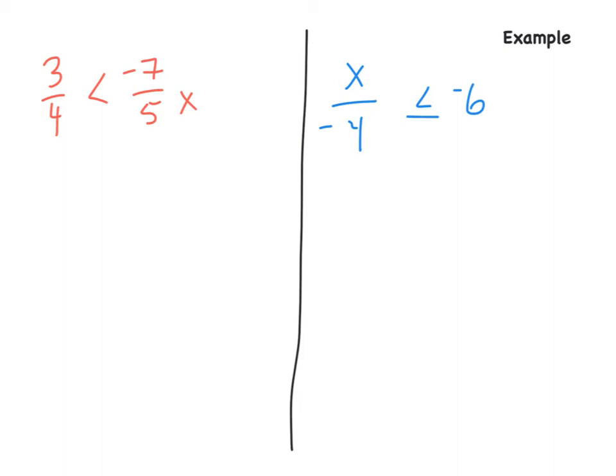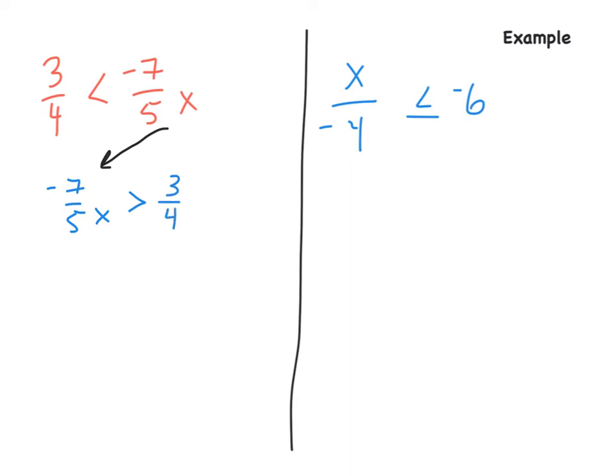So the first one, we have 3/4 is less than negative 7/5 times x. So remember, I like to rewrite it where the variable is off to the left. So we then will have negative 7/5 x is greater than 3/4.